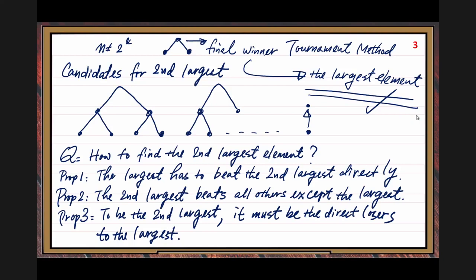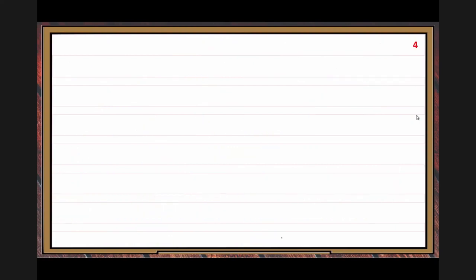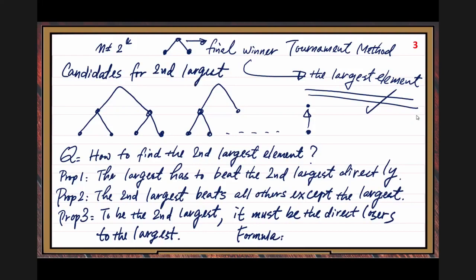With this observation, we can get the final formula. Now we are ready to get the second largest formula. The first step, because we need to get the largest first, we need to do enough comparisons to get the largest.